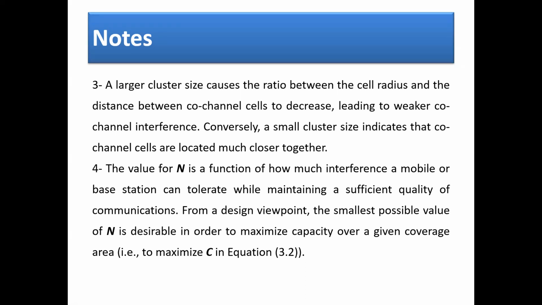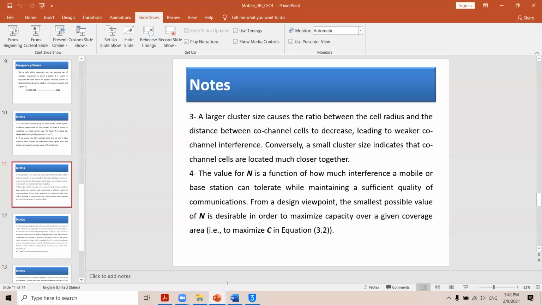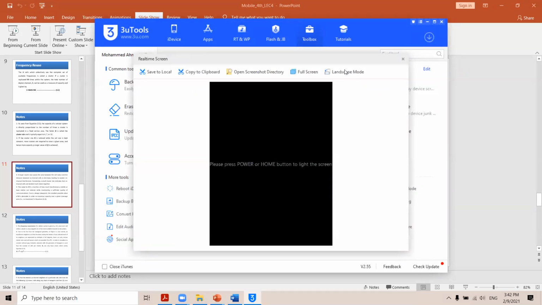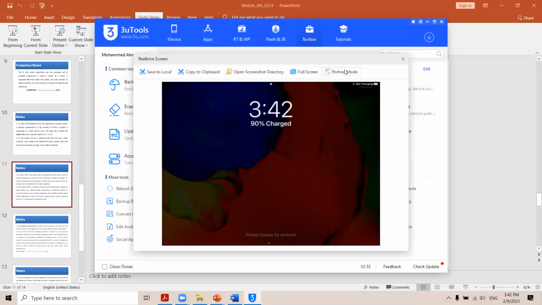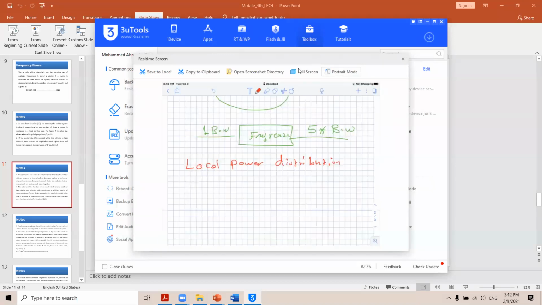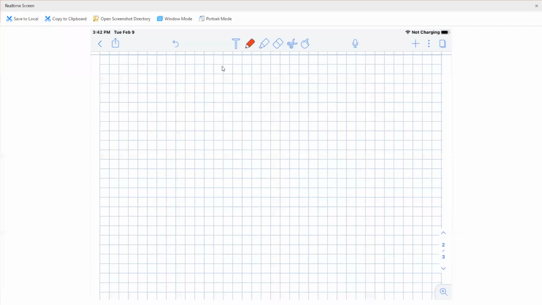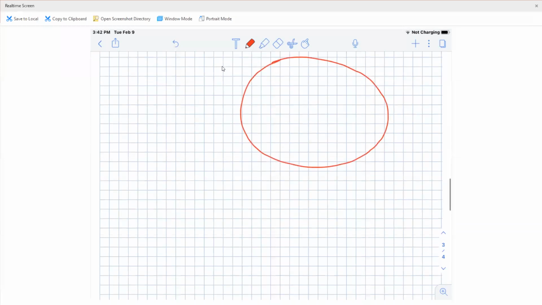Of course, this point needs the whiteboard. Let's go to the whiteboard to illustrate what we are talking about. Full screen. Now look, please. We said that this is a large cluster size, say a cluster size of 7, for example.